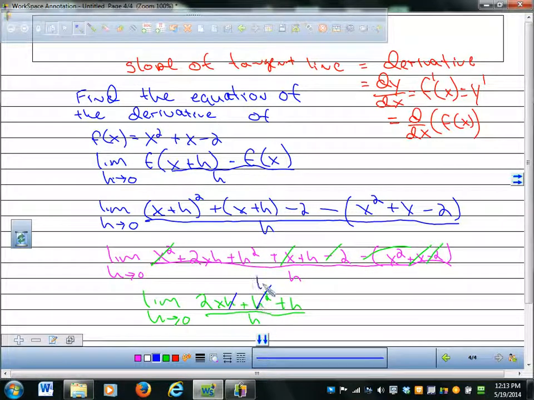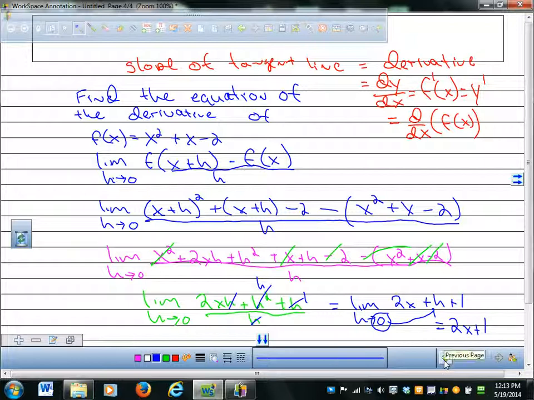That turns into an h, and this turns into a 1. So I'm left with the limit as h goes to 0 of 2x plus h plus 1. Now I can plug in 0 for h, and this is equal to 2x plus 1.